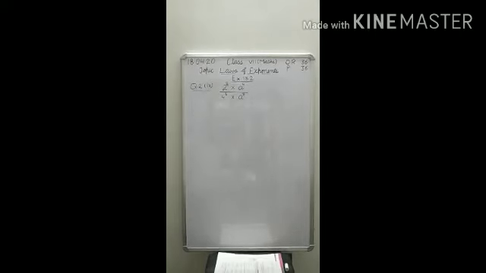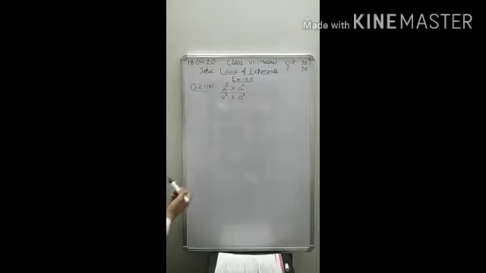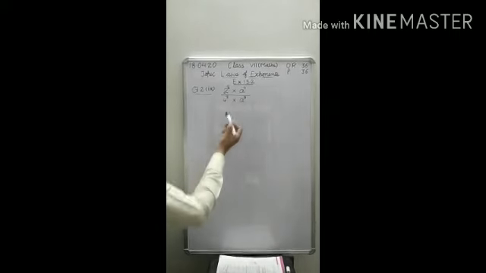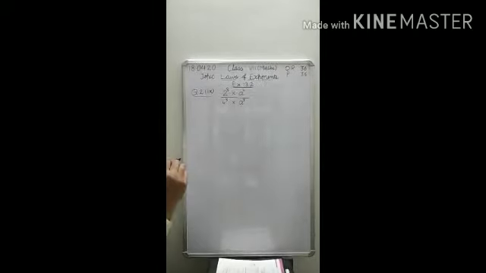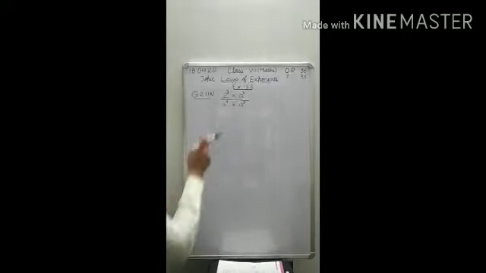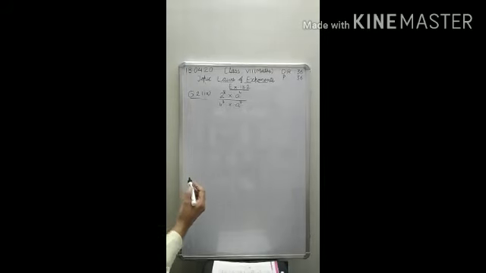In this part, we are given 2 raised to the power 8 multiplied by a raised to the power 4, upon 4 raised to the power 3 multiplied by a raised to the power 3. First of all, we have to write the numbers as powers of a prime number. Here 4 is a composite number, so we convert it into prime form.